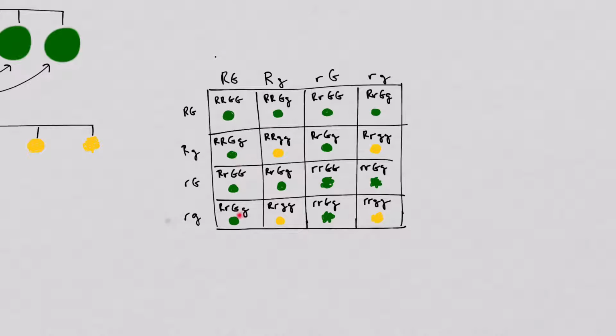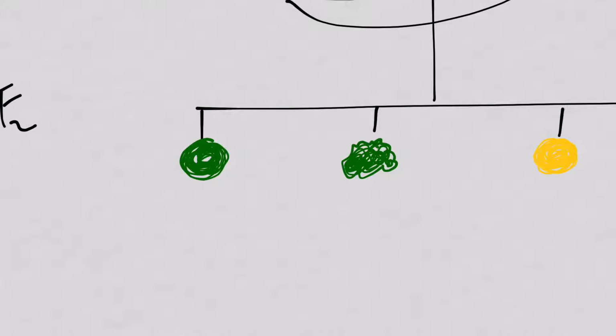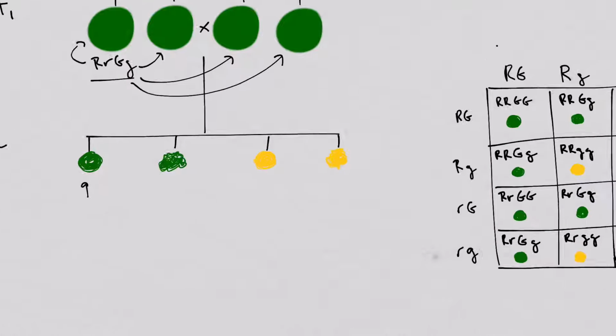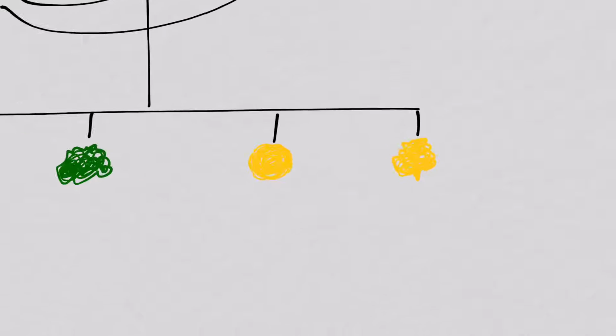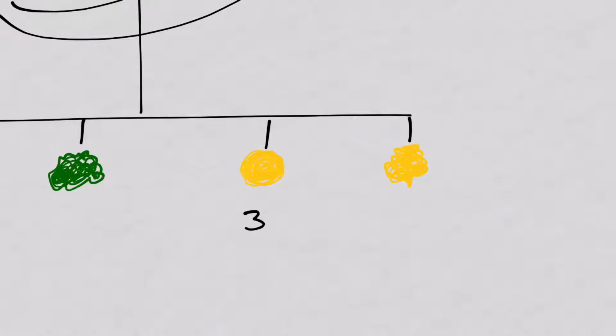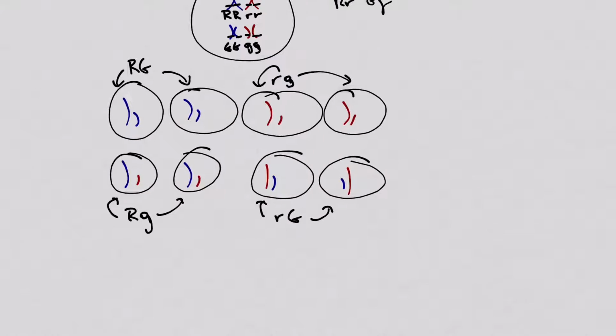Ultimately, we get 1, 2, 3, 4, 5, 6, 7, 8, 9, 9 of these round green guys. This is what we'd expect to see. We'd see 3 of these round yellow guys, and 3 of these wrinkled green guys.